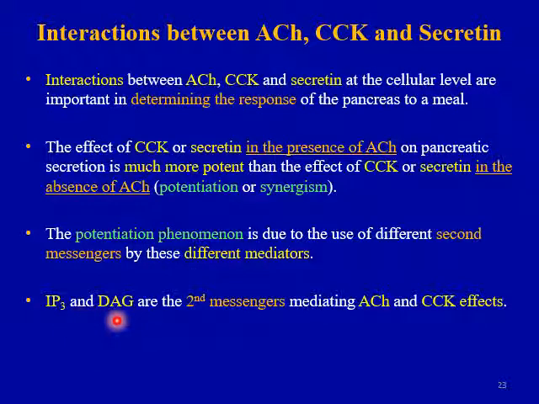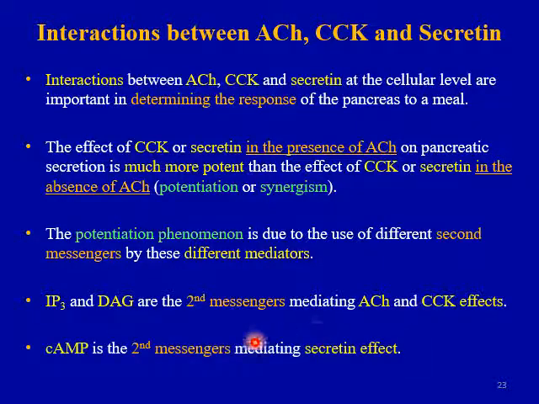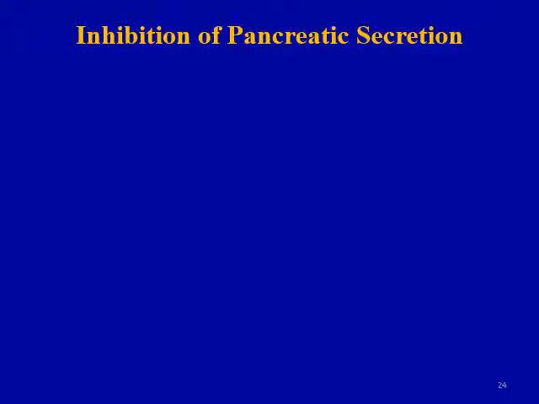IP3 and diacylglycerol, or DAG, are the second messengers mediating acetylcholine and CCK effects, while cyclic AMP is the second messenger mediating the secretin effect. When hormones or neurotransmitters use different second messengers, the combined effect of them will be synergism or potentiation.